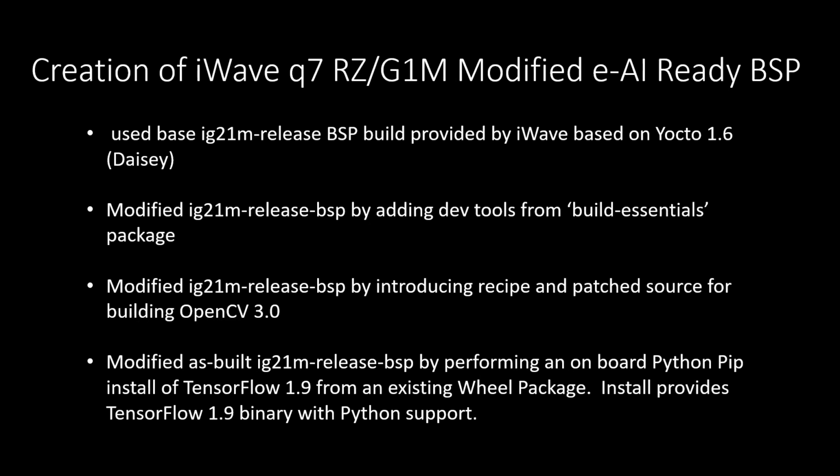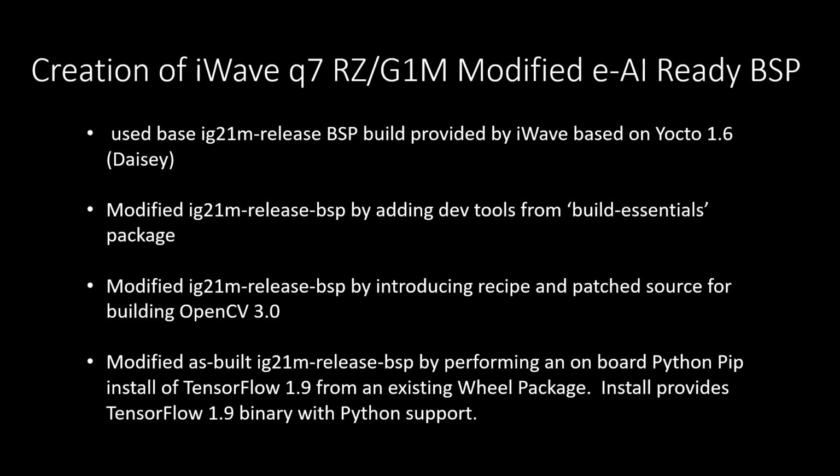In order to effectively develop and run the PeopleSense CV industrial personnel classifier, we had to create a modified embedded AI-ready board support package from the existing iWave Q7 RZ-G1M board support package provided by iWave.